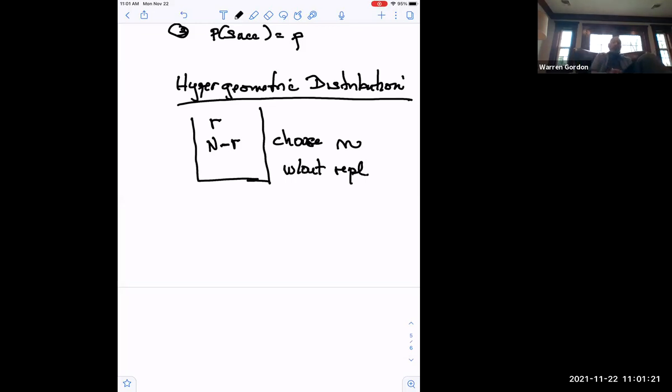So the problem might be, what's the probability that I get exactly K red balls? Let me say it differently. Again, I want to use the same notation we used here for a reason.